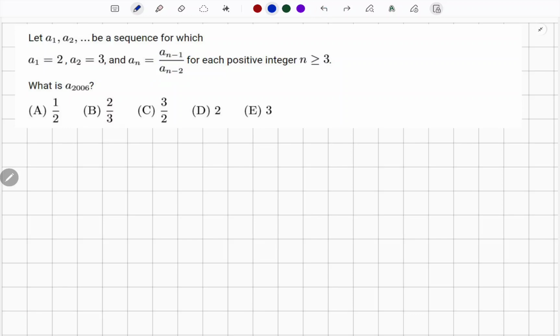For me, it's important to pronounce the rule in words. This is the previous term, and this is the term before the previous. So I have to consider their ratio. Yep, I divide the previous term by the term before the previous.